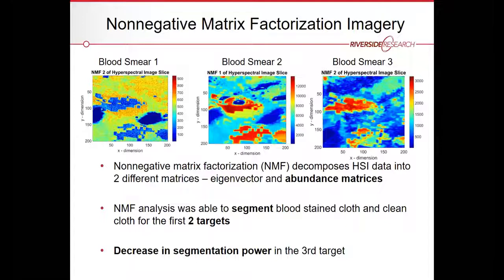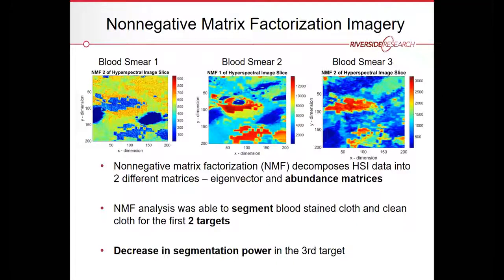Non-negative matrix factorization, in a nutshell, decomposes the HSI data into 2 different matrices, an eigenvector matrix and an abundance matrix. And what you're seeing at the top are the abundance matrices for the different blood smear targets, just one slice from the array of abundance values that you get from the NMF analysis.